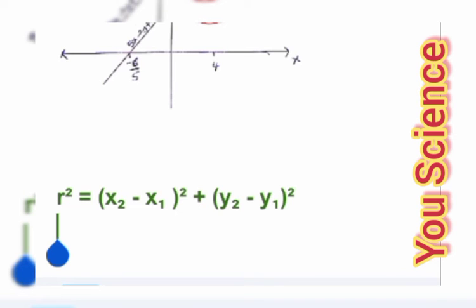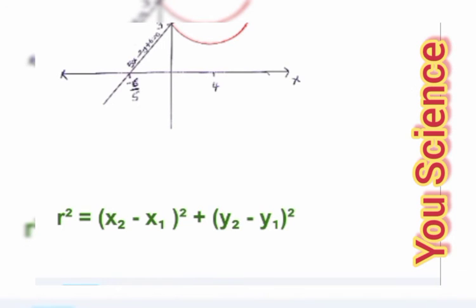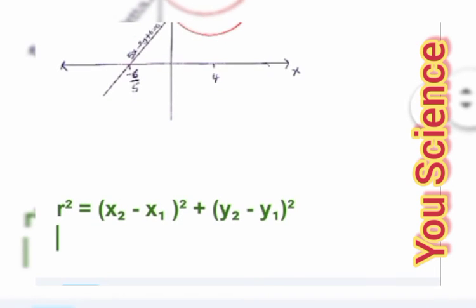To get the radius, we use the formula for the distance between two points: r squared equals (x2 minus x1) squared plus (y2 minus y1) squared. Now I'm going to take my x2 to be 4, which is from the center of the circle, and my x1 is 0, which is from the y-intercept.